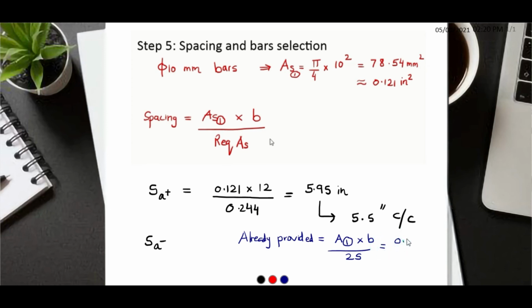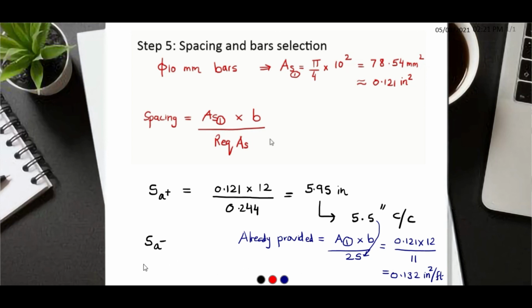So 0.121 times 12 inch divided by twice the spacing. The spacing you have already provided in this direction is 5.5 inches. So 5.5 times 2 is 11. This comes out to be 0.132 inch square per feet. This much area of steel has been already provided.